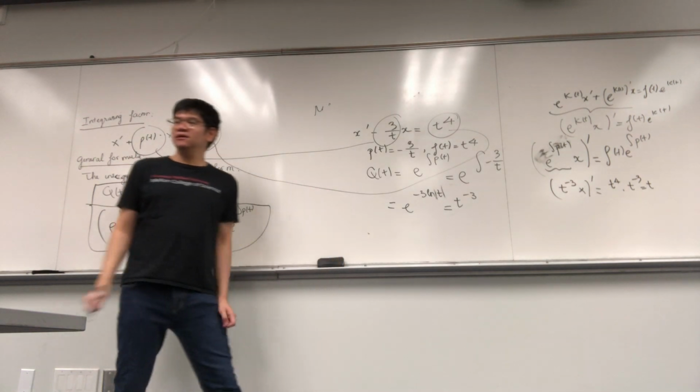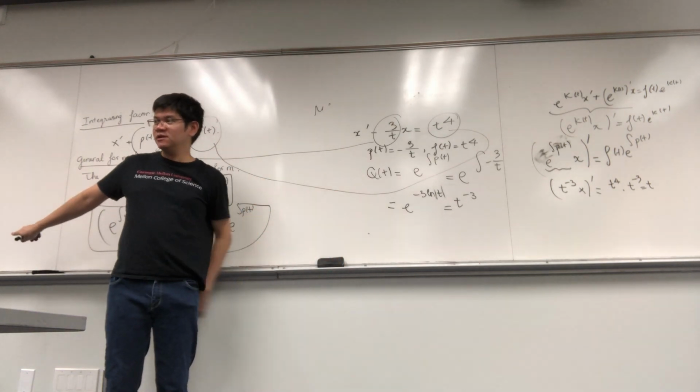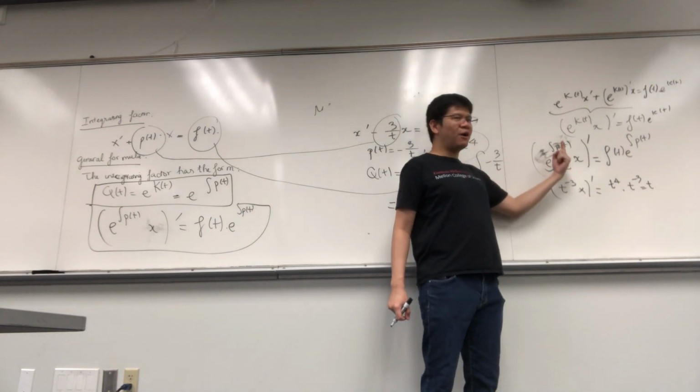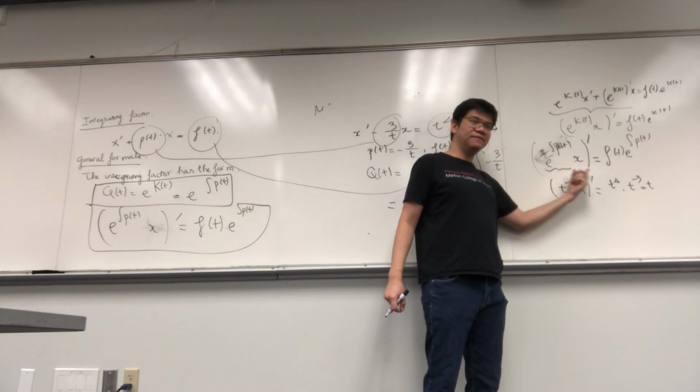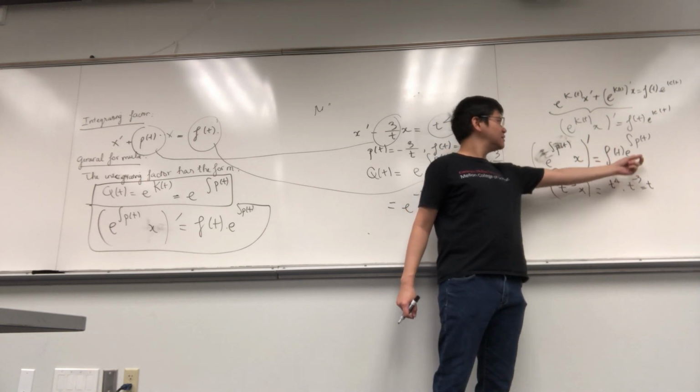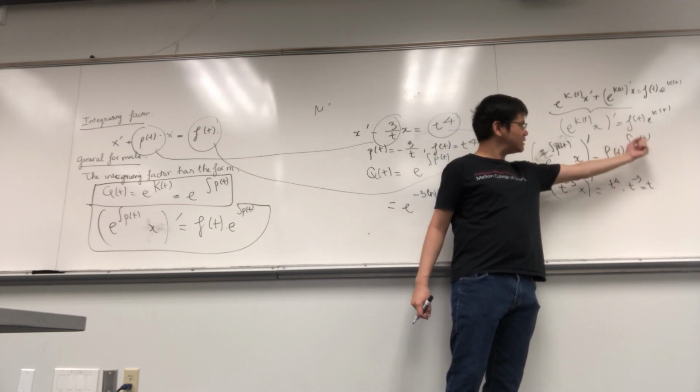Right? Now I'm going to use this formula. I use this formula, I have e to the power antiderivative of p(t) times x, and you take the prime, and this is equal to f(t) e to the power of the integral of p(t).